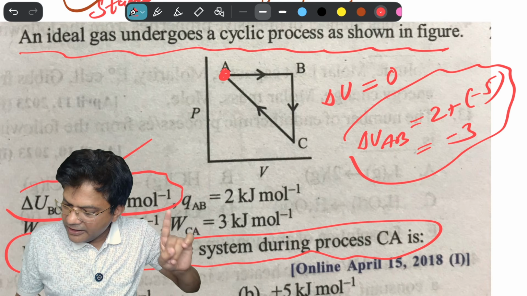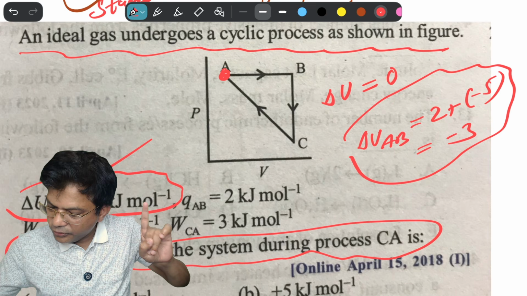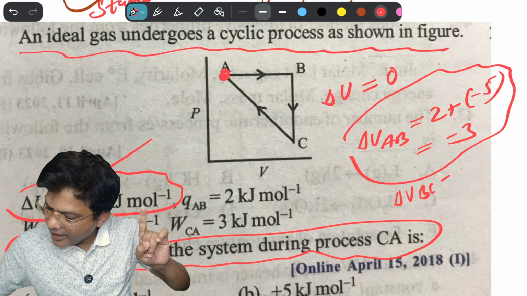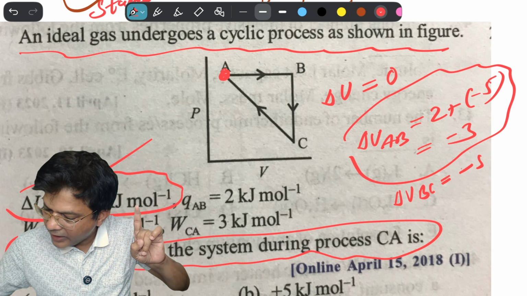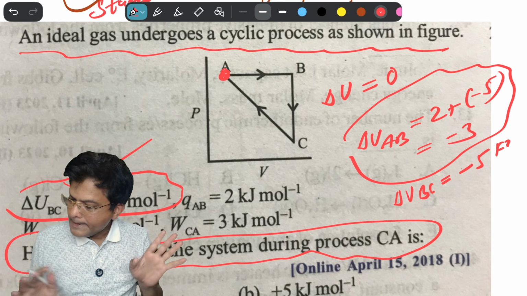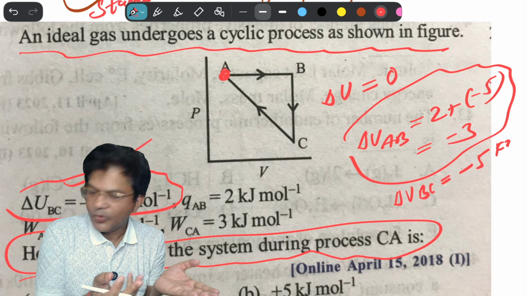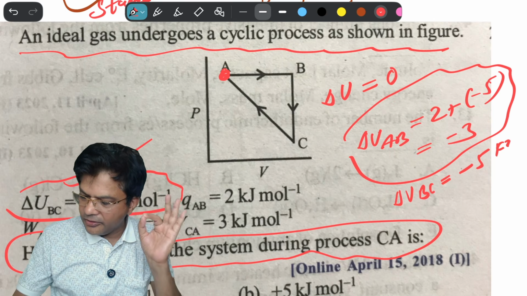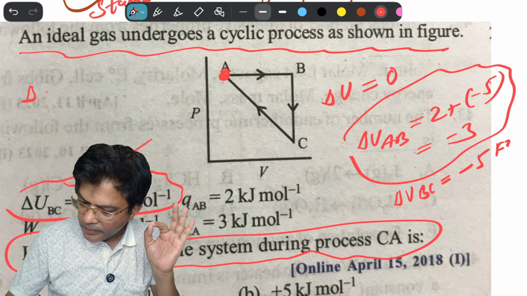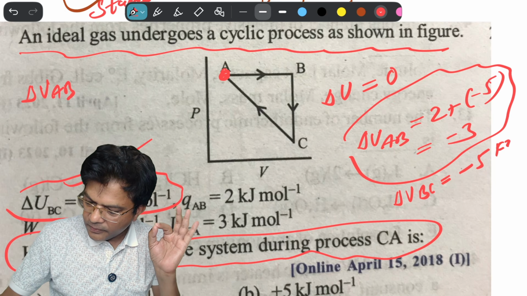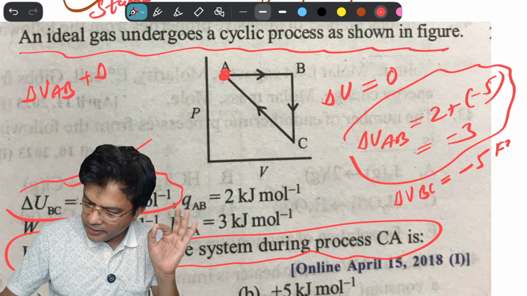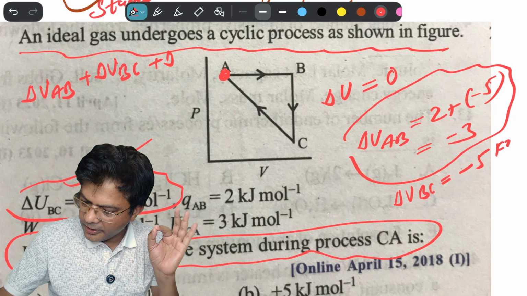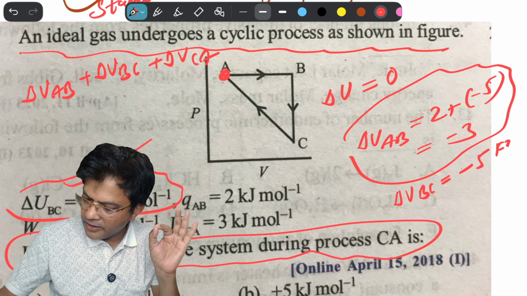Now, the change in internal energy B to C, they have already given, delta U from B to C, that is minus 5 kilojoule per mole. Now, what is left? We know that the sum of three, A to B change in internal energy, B to C change in internal energy, and C to A is 0.